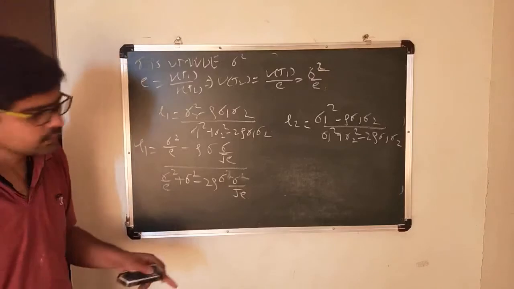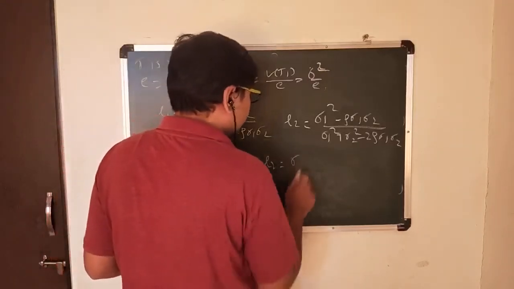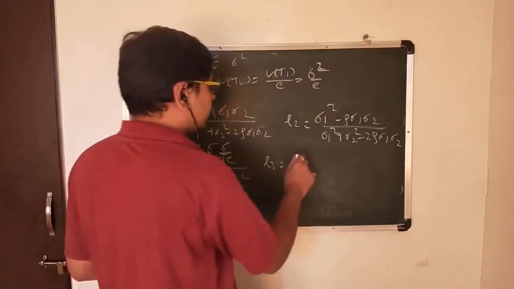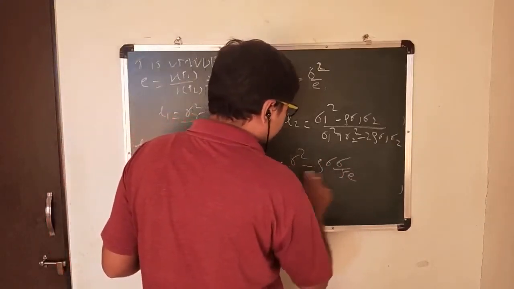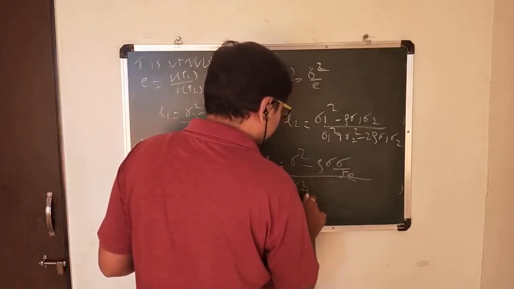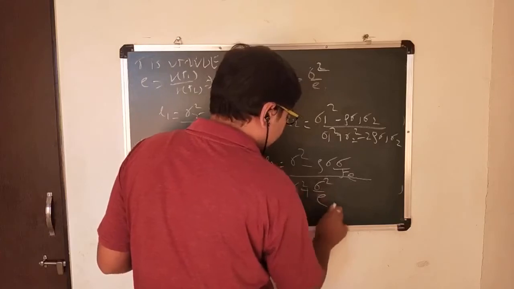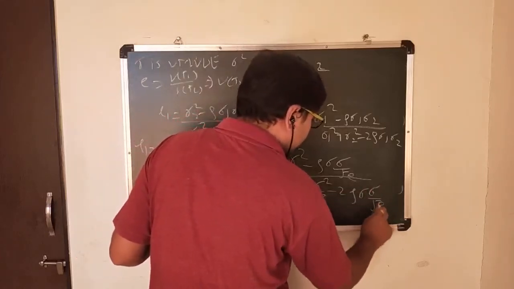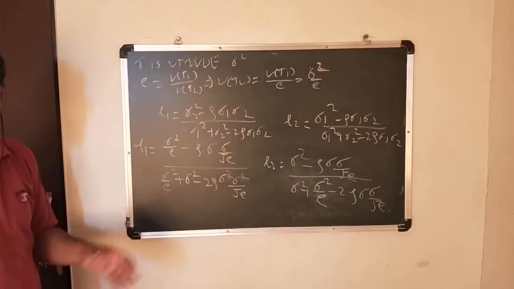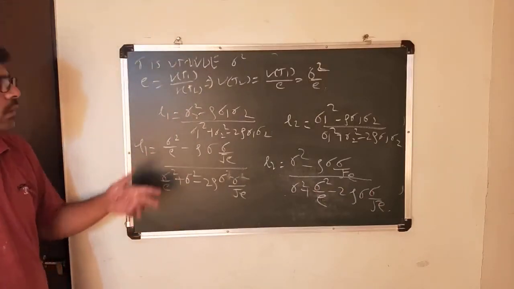With this, now we will put the values in L2. So here it is sigma square minus rho sigma into sigma upon root E, divided by sigma square plus sigma square upon E minus 2 rho sigma into sigma upon root E. So we have put the values in L1 and L2. Now we will simplify L1 and L2.